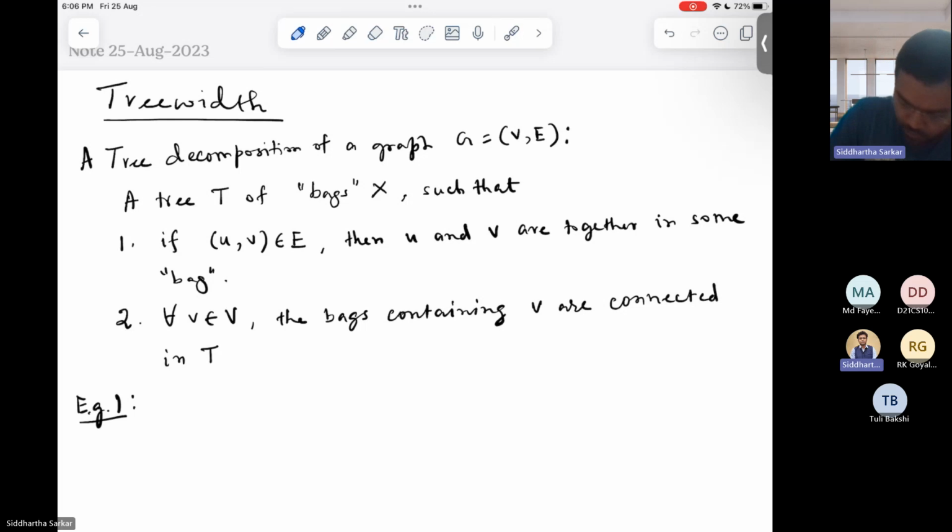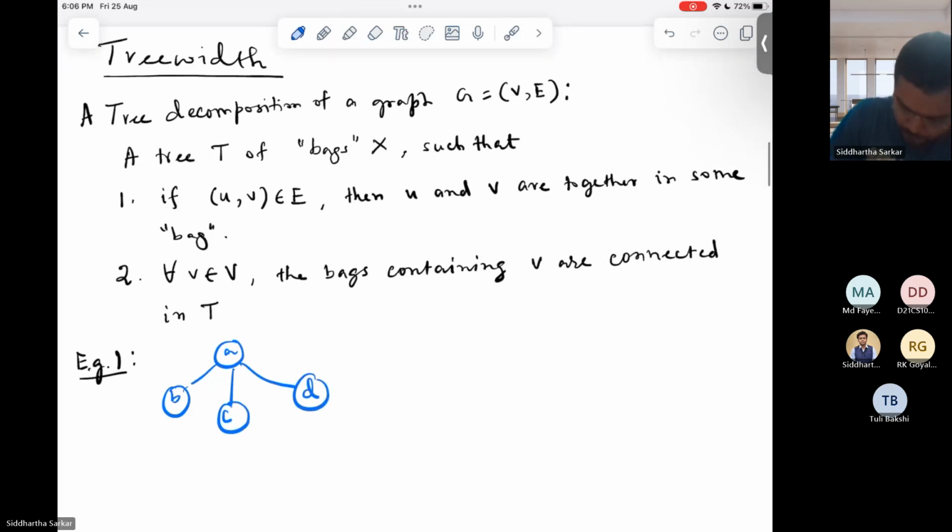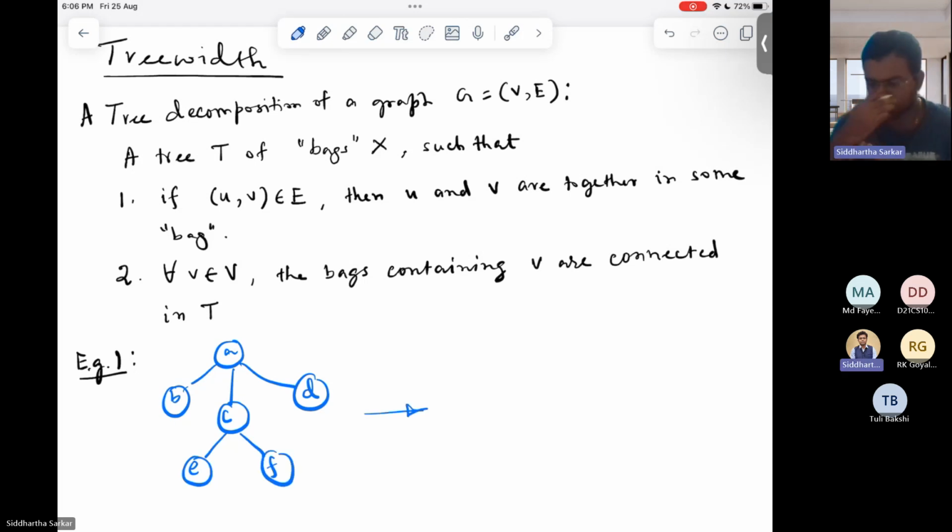Okay, so let's say we have a tree. We want to find a tree decomposition of this graph, which is itself a tree.